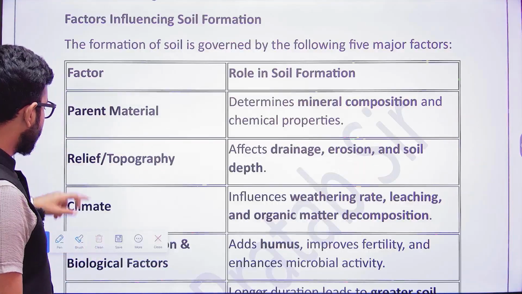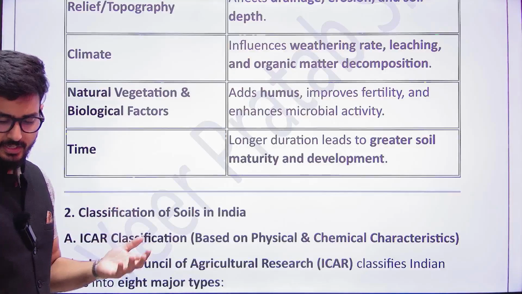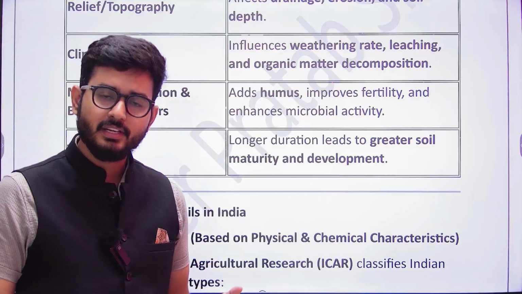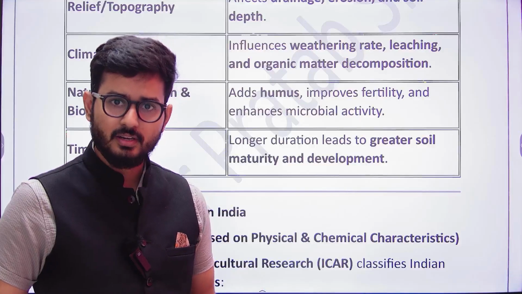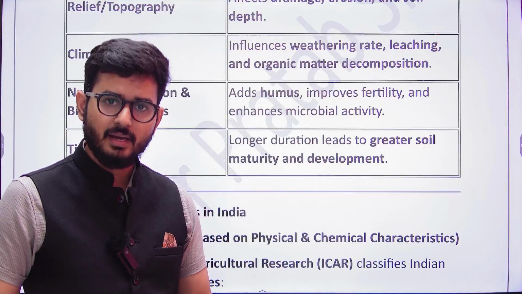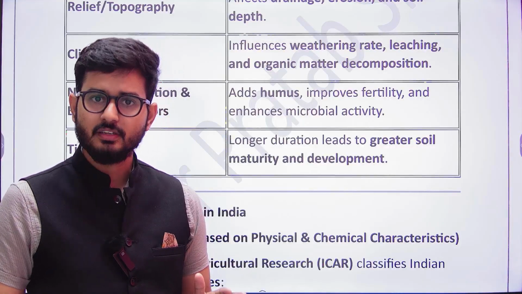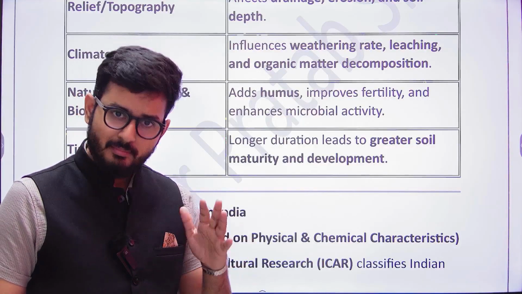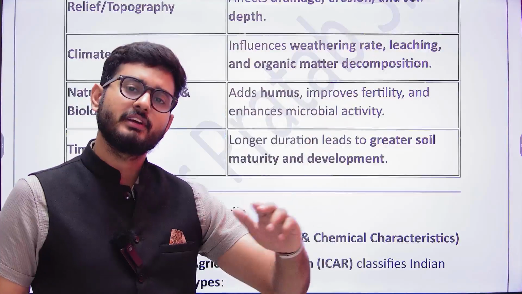The next one is climate. If the area has high precipitation and there is high temperature variation, that is cold and hot, accordingly the particular soil is going to be weathered in a fast manner. If the climate is normal, the soil will be created normally in a very long duration.